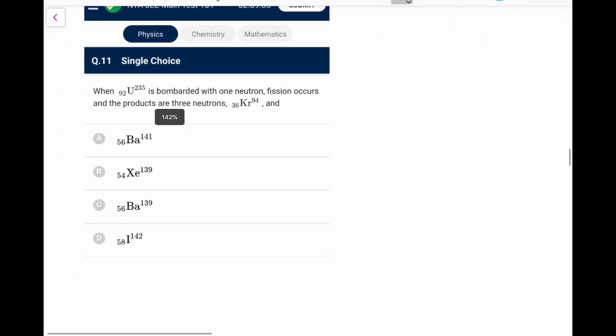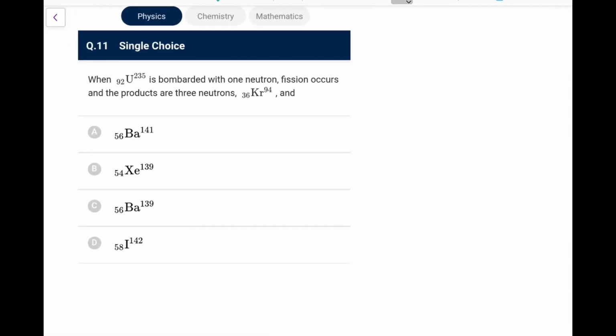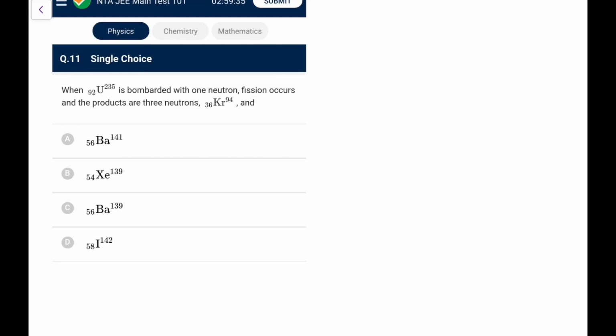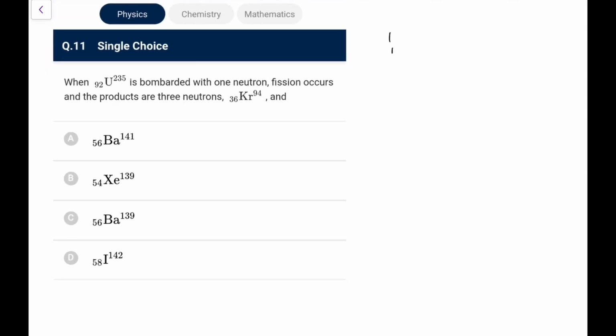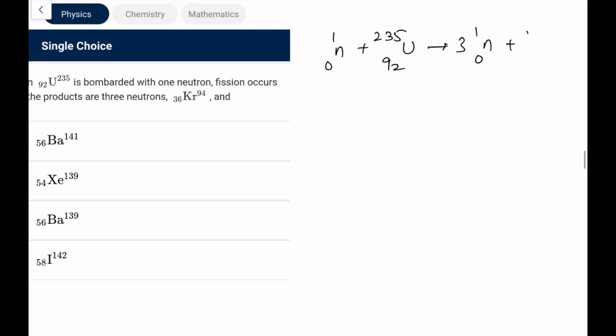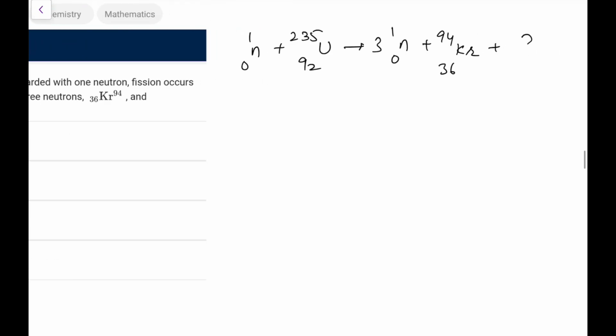Next one: when uranium is bombarded with 1 neutron, fission occurs and produces 3 neutrons. Simple question for you. Writing this, 1 neutron bombarded on uranium 235 leads to 3 neutrons, krypton 94 with atomic number 36, plus this question mark thing.